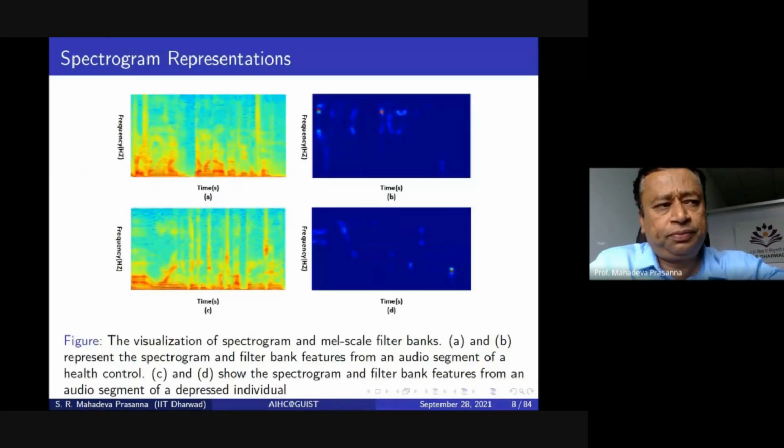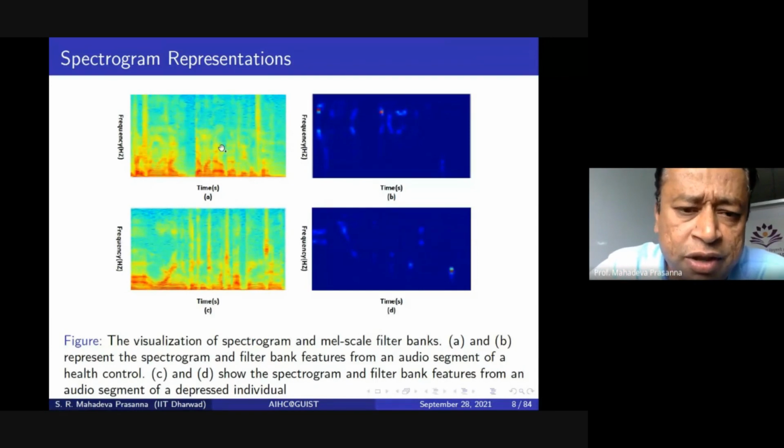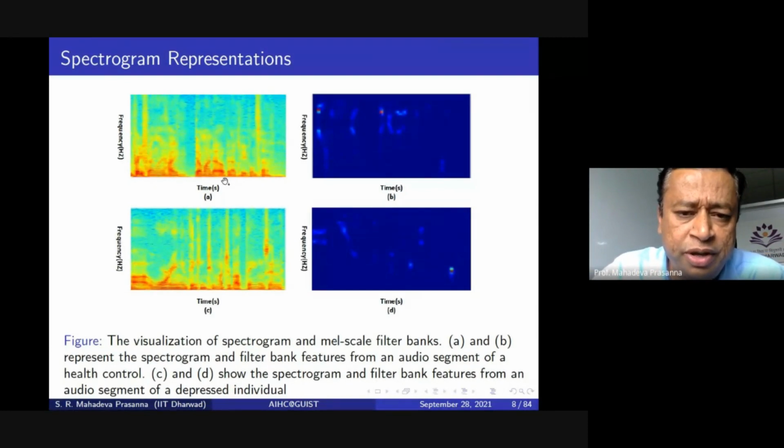Just to give a visual representation, you don't need to be in the field of speech. These are visible representations of the speech signal information. We call them a spectrogram. Of course, there is a variant of that spectrogram, obtained by further smoothing, which we call the MEL scale filter bank.